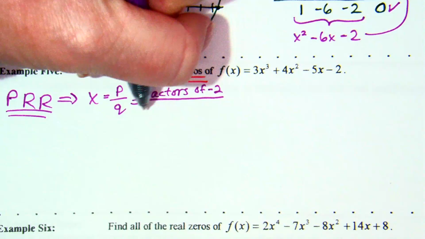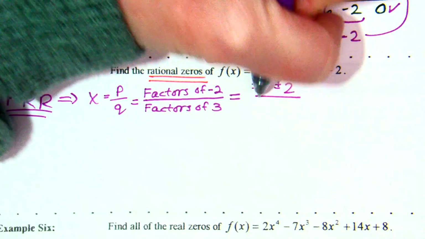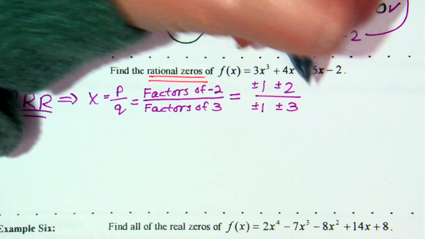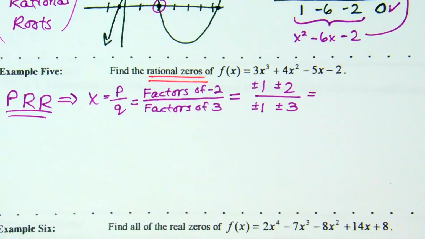Don't worry about the negative. What are factors of 2? 2 and 1. So plus or minus 1, plus or minus 2. What are factors of 3? 1 times 3. Now, again, what I said earlier: don't leave them like this. Write them out as individual numbers, which means in this case, take turns putting each numerator over each denominator.